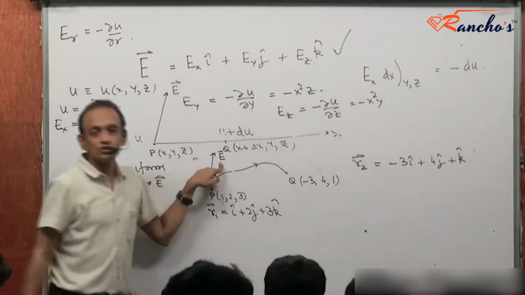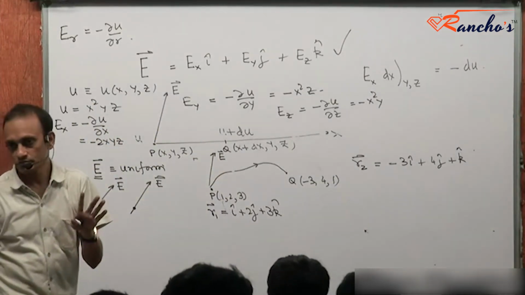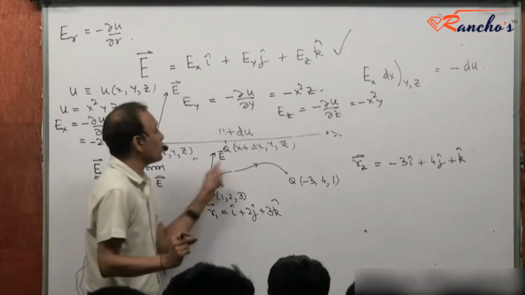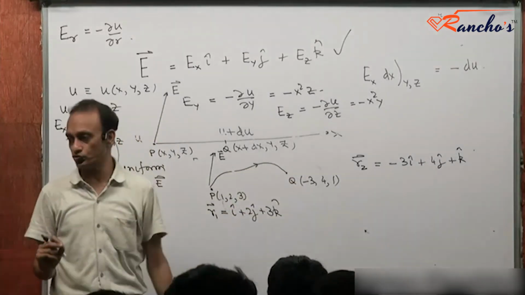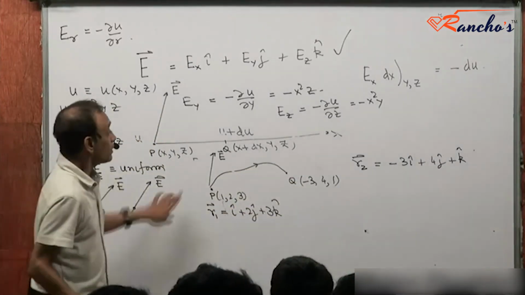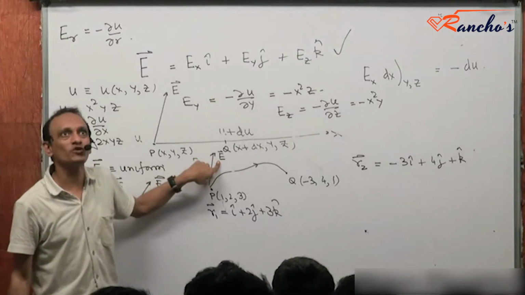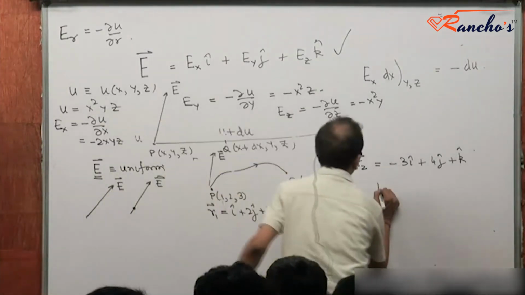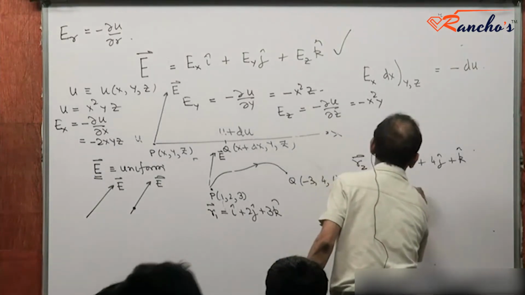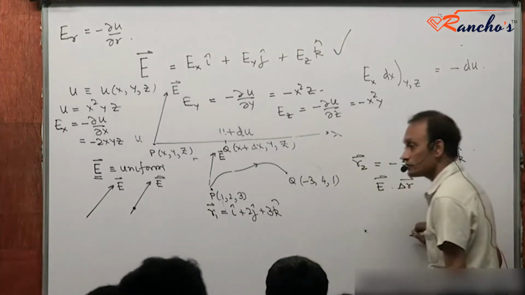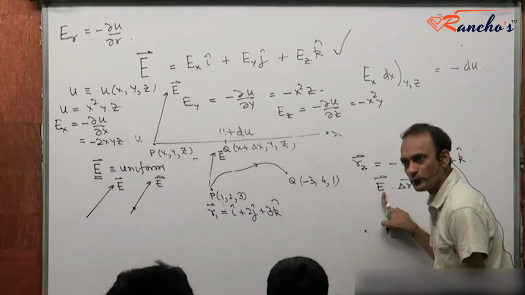E is the force on a unit positive charge, right? So if a unit positive charge is transported from P to Q, it experiences a constant force E. Work done by a constant force is what? E dot change of position. E is the constant force acting on a unit positive charge.